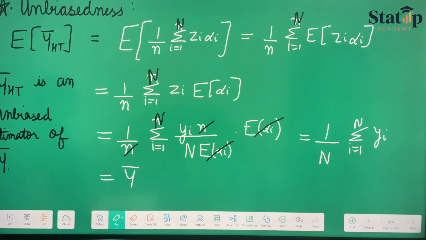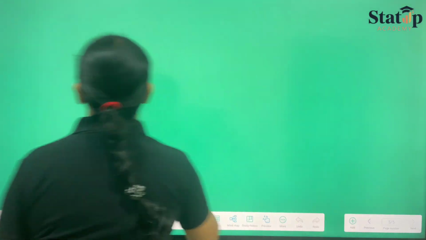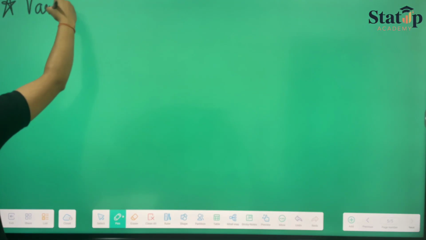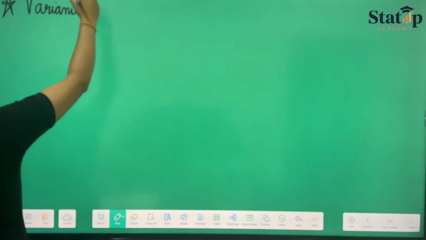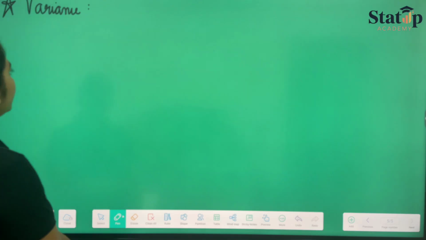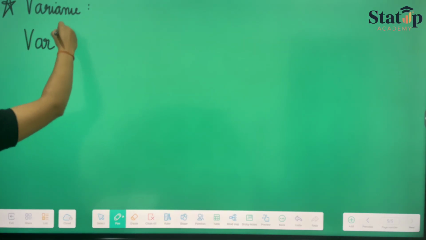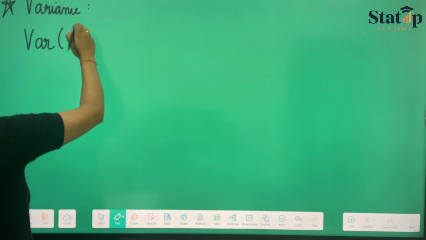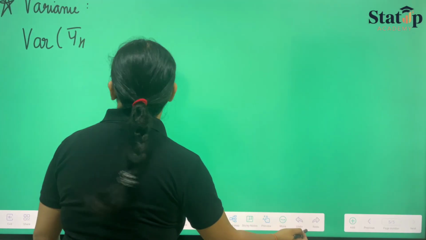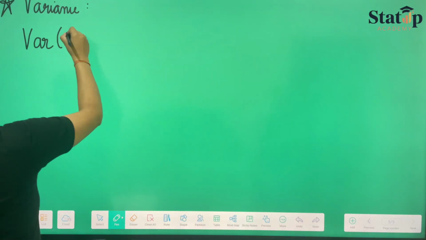Okay. Now moving on further to variance. So what is the variance? By variance, what do we mean is that if we have to find out the variance of y bar ht, but instead of y bar ht, I would like to write z bar n.